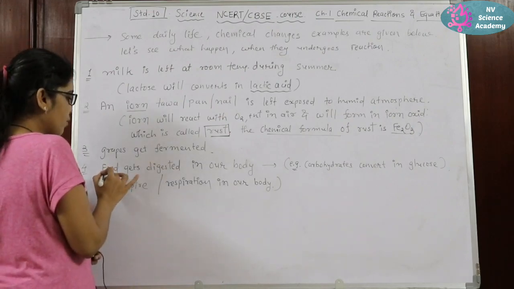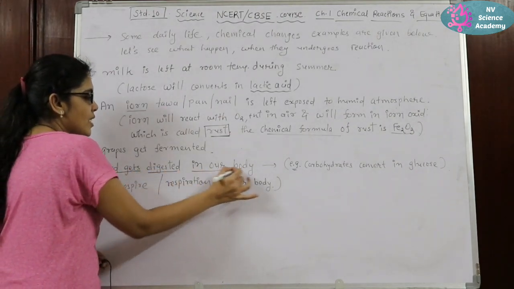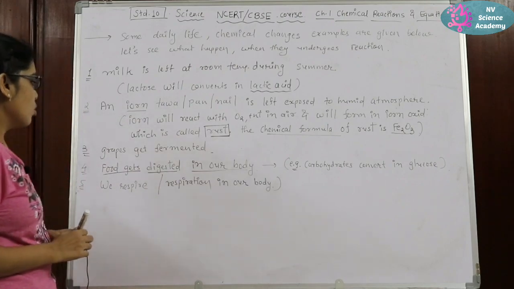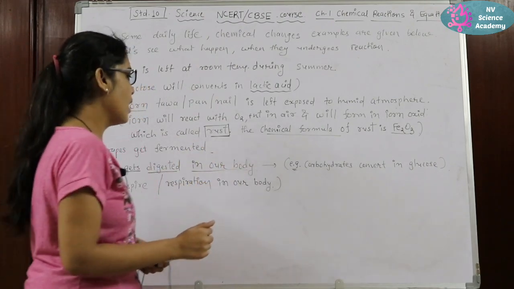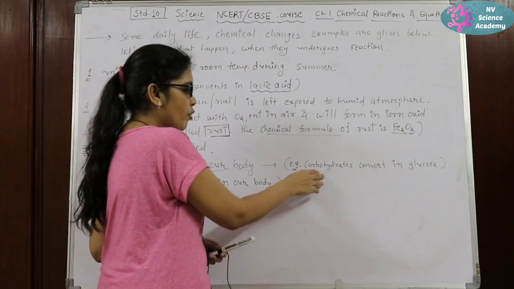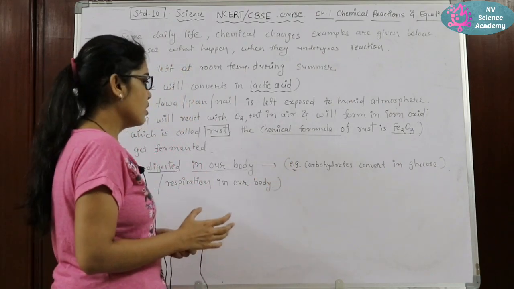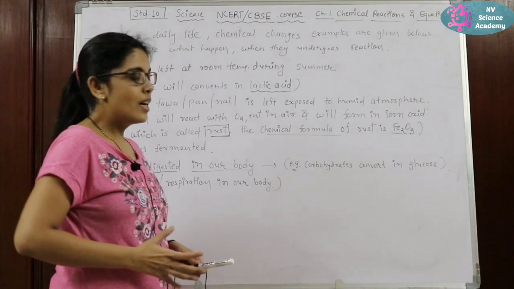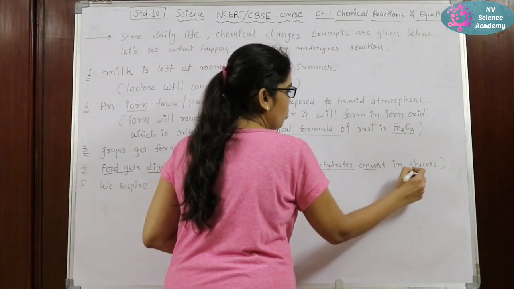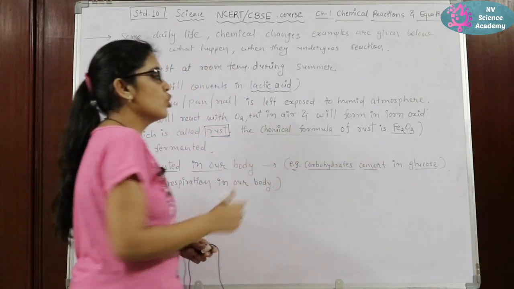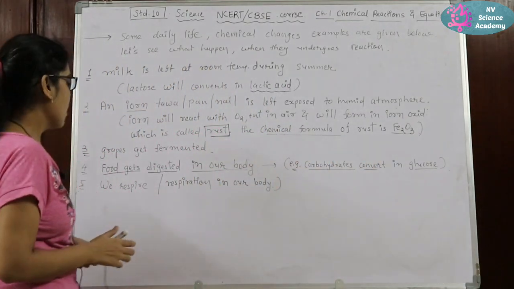The fourth is food getting digested in our body. What happens when food gets digested? I have given the example of carbohydrates. Food which contains carbohydrates is converted into glucose. So this is also a chemical change.